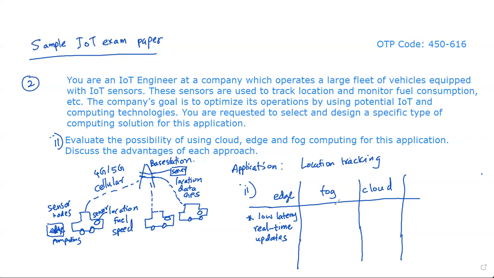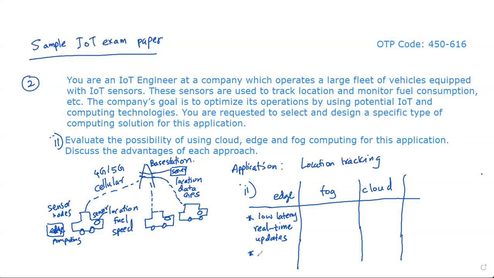So because of that, compared to fog computing and cloud computing, edge computing has low latency for communication, and therefore it can provide real-time updates regarding the IoT environment.